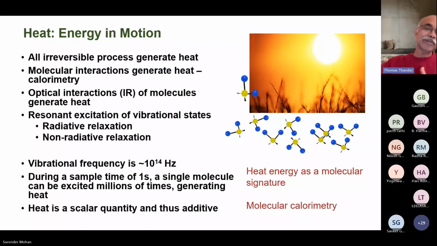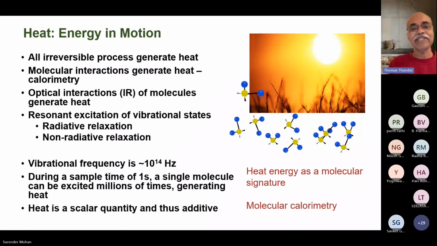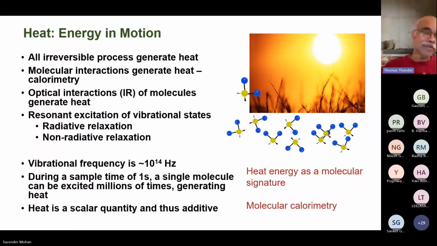So it is excited into a higher vibrational state. And there are two ways it can come back: radiative relaxation by giving out a photon, or it can also happen in a non-radiative way. That means the energy levels are so close together, they will basically generate heat rather than radiation. And the vibrational frequency of these molecules is around 10 to the power 14 hertz. So this process is happening very fast.